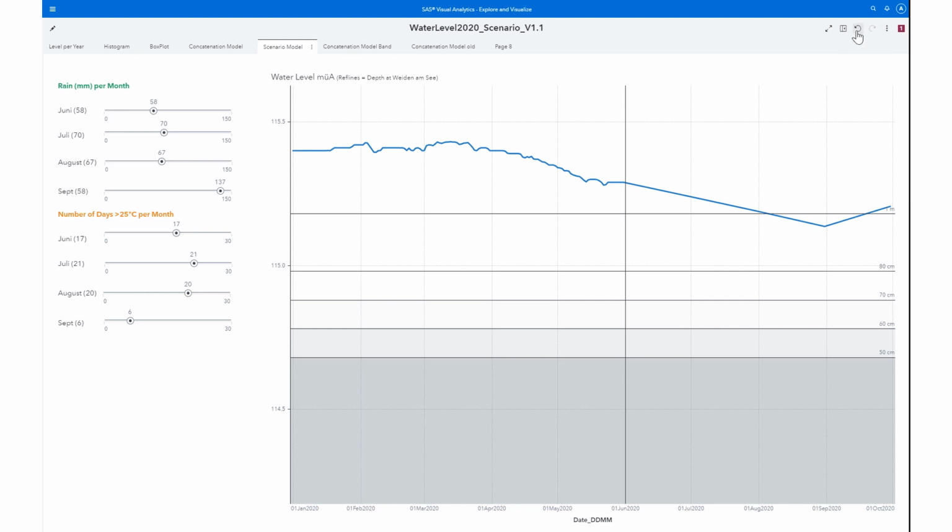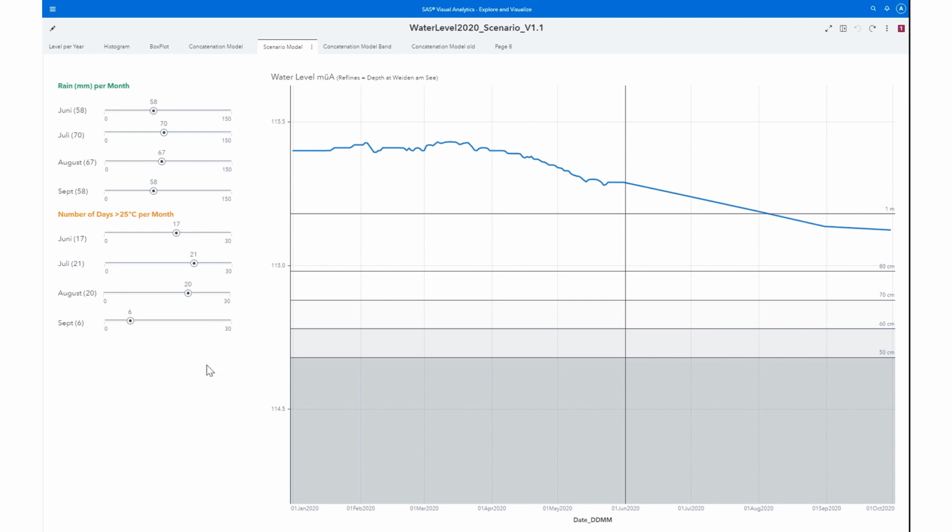So this is the way you can use this. At the moment, the scenario is set like an average year from the past 20 years, which means that we would go down at the end of the summer to something like 115.14 meters above sea level, and then lose another 2 centimeters in September.